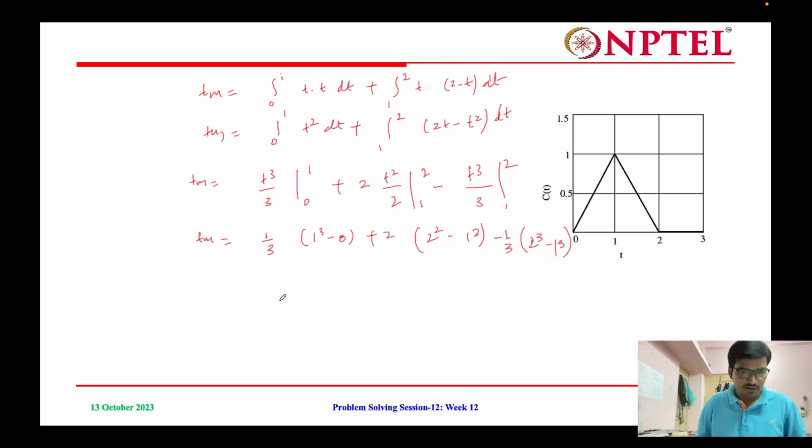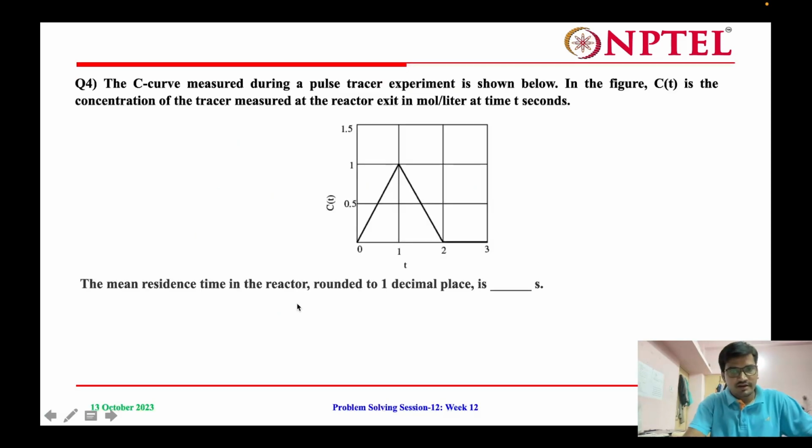So tm is equal to 1 second. This is the mean residence time in the reactor.